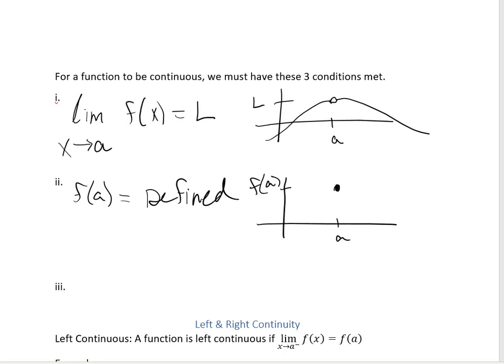So the very last thing we need is that we need the limit as x approaches a to equal our function value. If all 3 of those things happen, then what we have is that we have a continuous function at that point a.